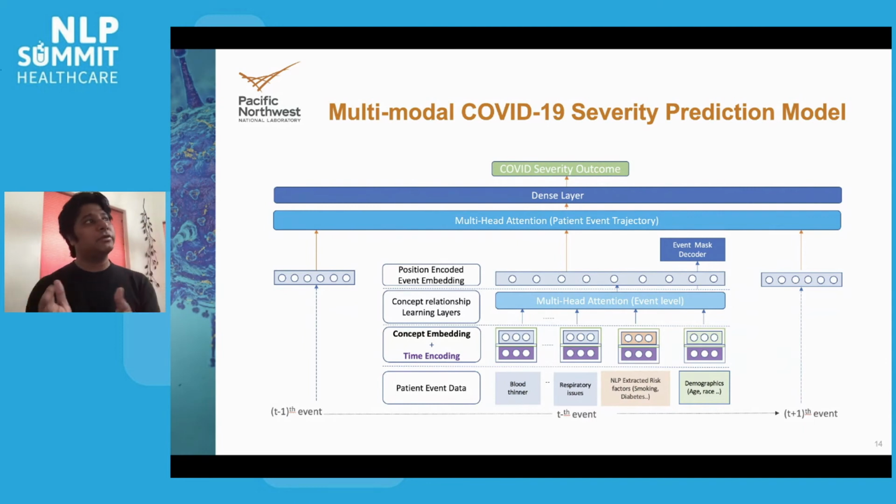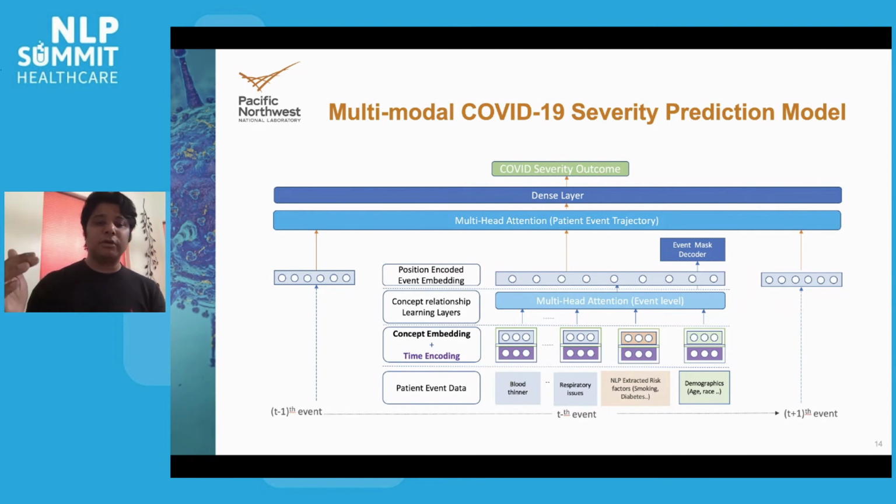We are also trying to factor in when a patient is getting a blood thinner, what's the offset during the stay. And being able to account for the offset from the beginning of the stay, being able to account for the offset between the intervals, the last time, or how long the patient has been taking this blood thinner. Those are some of the active ideas that we're exploring in the time encoding layer.